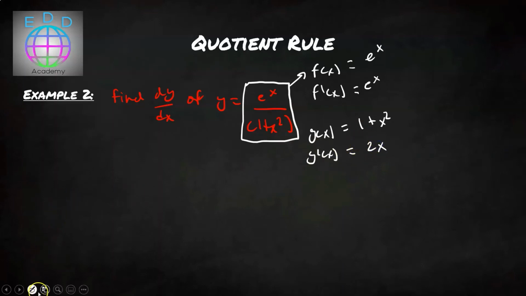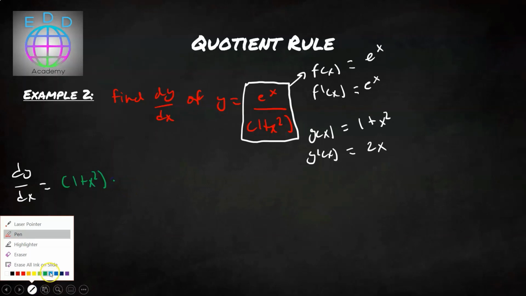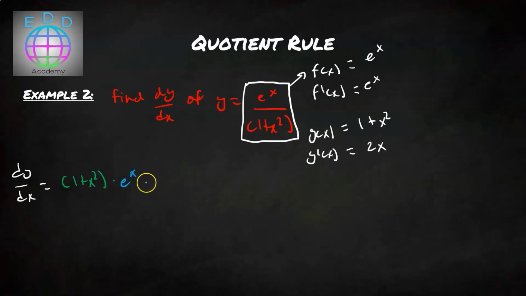So if we rewrite our quotient rule, dy/dx equals 1 plus x squared times, and instead of writing d/dx of e to the x, we can just write e to the x, and minus e to the x times 2x, all over 1 plus x squared quantity squared.